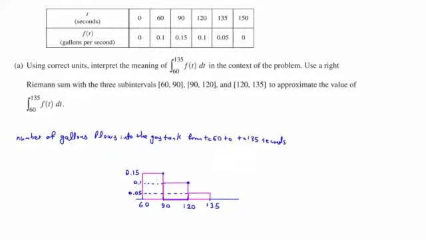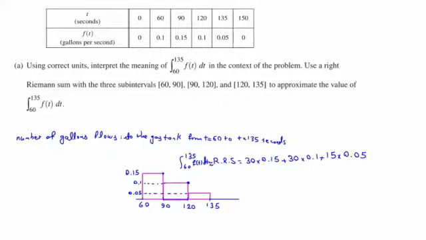Now we should calculate these areas. So the first rectangle is what? The integral of f of t dt from 60 to 135 is approximately the right Riemann sum, which is equal to this part, 30, times this part, 0.15, plus this part, 30, times this length, 0.1, plus this part, 15, times this part, 0.05.